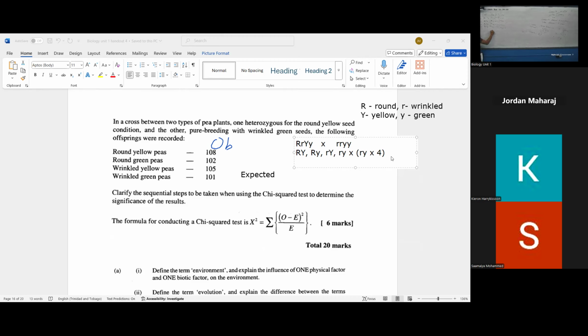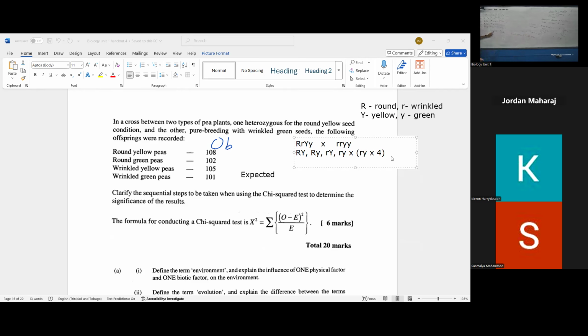We can have smooth yellow, smooth green, wrinkled yellow, or wrinkled green. Those are all the possible phenotypes.